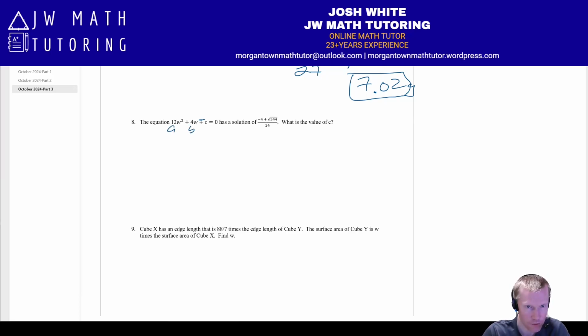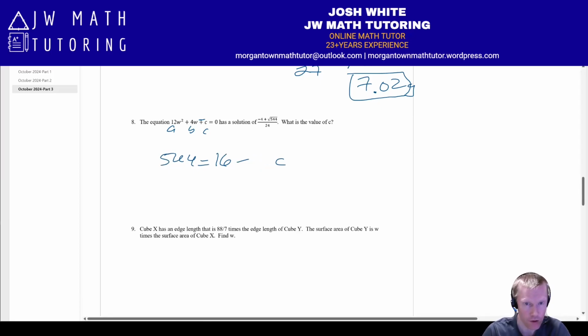So basically, if you notice, you start plugging things into the quadratic formula here. So this is A, this is B, this is C. Notice things pretty much match up. In the bottom it's 2A, so 2 times 12 is 24, so that matches. So all we're really doing is saying 544 is equal to B squared minus 4AC. Now B is 4, so B squared is 16.